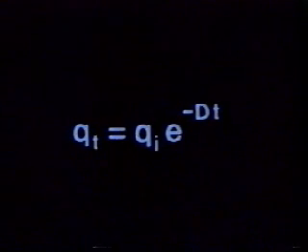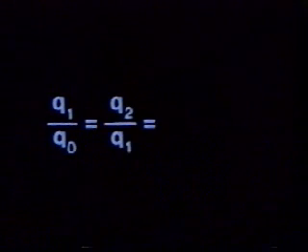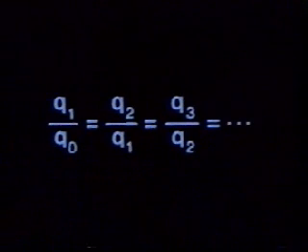With our basic equation, it can be shown that the ratio of production in subsequent years, that is, the production rate on the first day of the second year divided by the production rate on the first day of the first year, is equal to the ratio of the production on the first day of the third year divided by the production rate on the first day of the second year, and so forth.